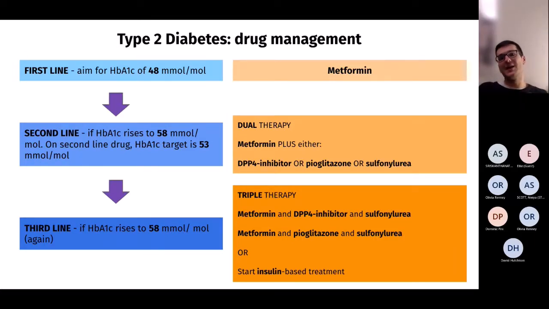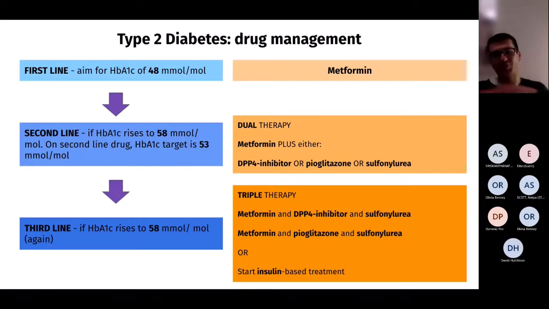Okay, and then here is the kind of algorithm that we've been taught for the drug management of type 2 diabetes. Basically, if their HbA1c is a bit high, you put them on metformin. First of all, we try to get their HbA1c to 48.